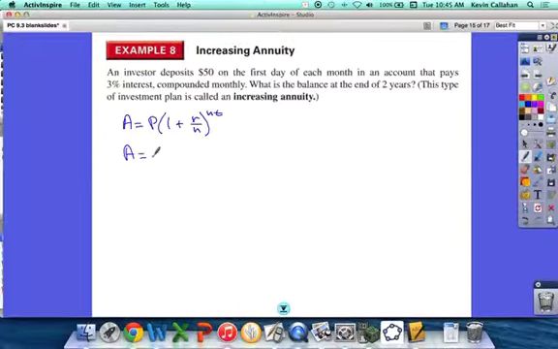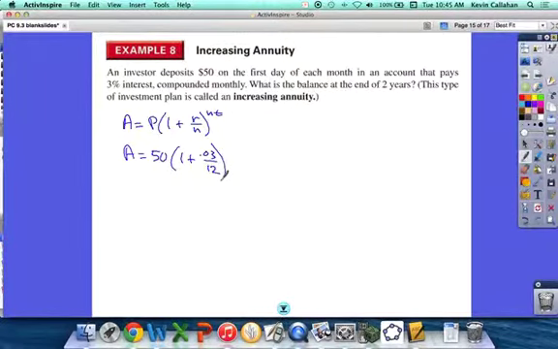A equals, and we're just going to fill in some of the things that we can. It's $50 times 1 plus the interest rate, which is 0.03. It's compounded monthly, so what is the value? In this formula, the n would have been 12, and then raised to the nt.